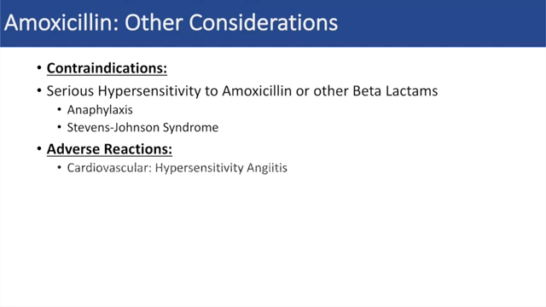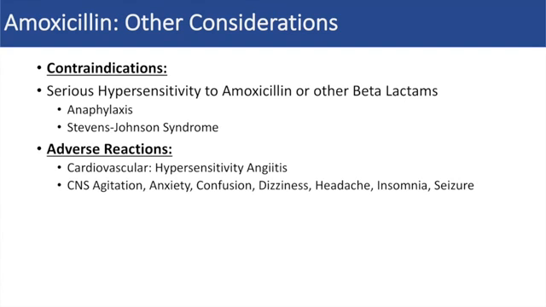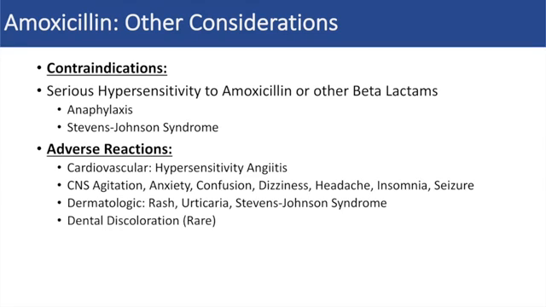Now, what are some of the adverse reactions of amoxicillin use? Well, amoxicillin use can cause a variety of adverse reactions, including hypersensitivity angiitis. It can cause CNS agitation, anxiety, confusion, dizziness, headache, insomnia, and seizure. It can cause rashes, urticaria, and Stevens-Johnson syndrome if the patient is allergic to amoxicillin or beta-lactam antibiotics. It can cause dental discoloration, like the tetracyclines, but it is extremely rare. It can cause diarrhea, nausea, and vomiting.